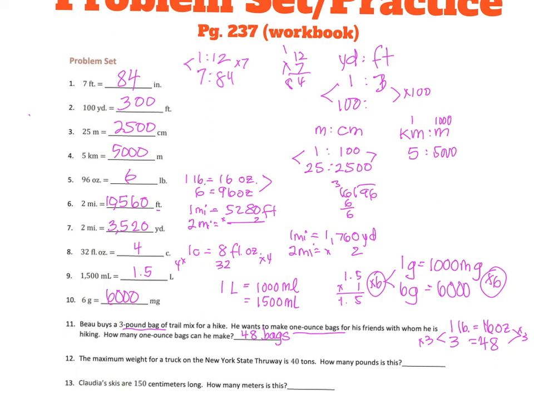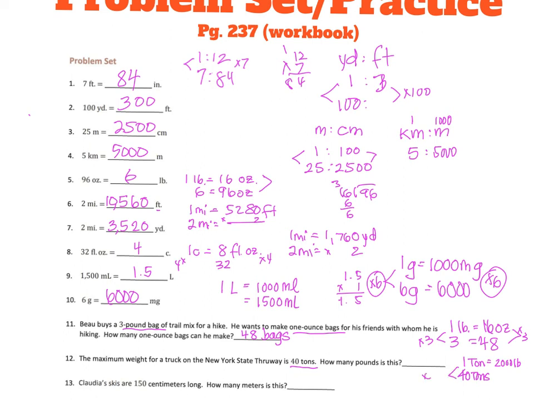So what about 12? The maximum weight for a truck on the New York State Thruway is 40 tons. How many pounds is this? So I go back, and I know that 1 ton is equivalent to, it says 2,000 pounds. But they just told me that I have 40 tons.